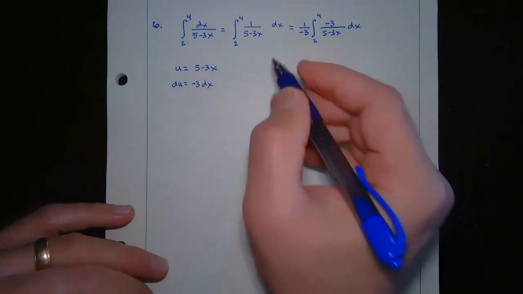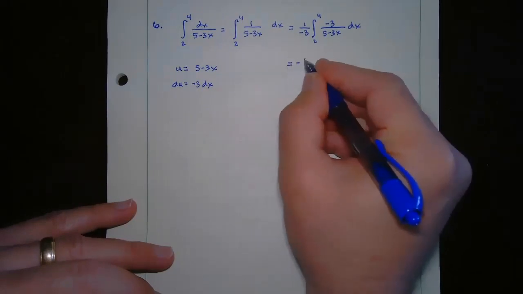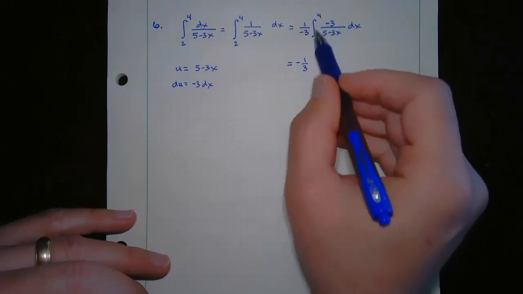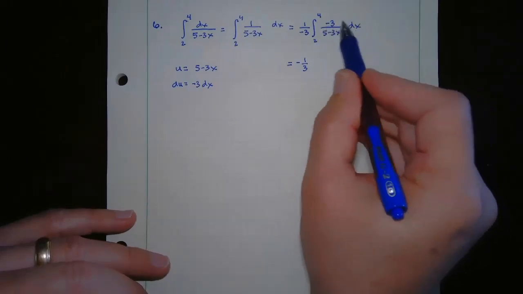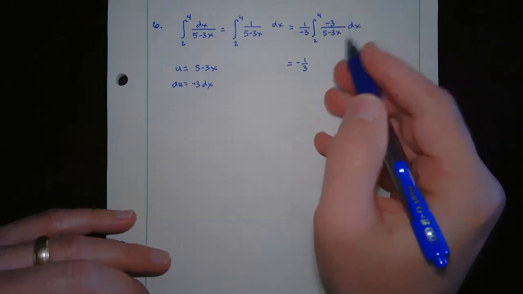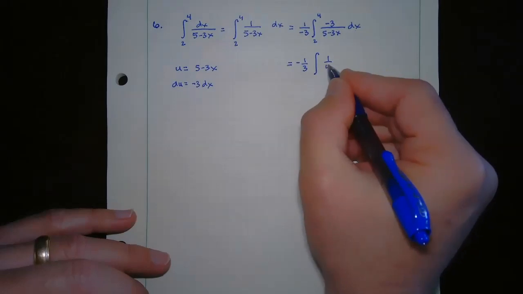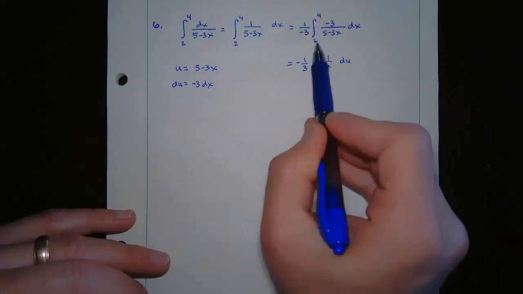Okay, so now, this is going to be equivalent to negative 1/3, okay? And then these are going to become u values, right? Because this negative 3 dx becomes my du, so this is going to be 1 over u du, okay? So I'm going to write integral 1 over u du, and then these limits of integration become u values.